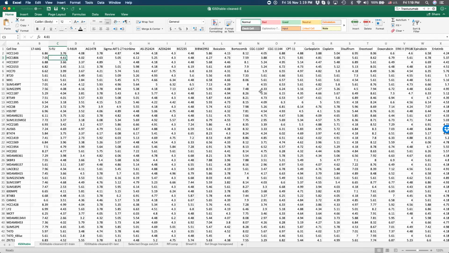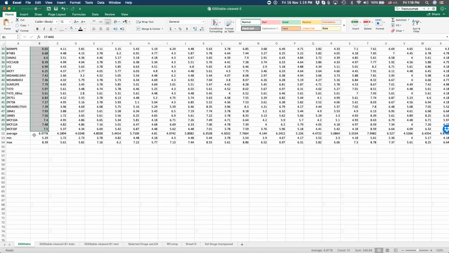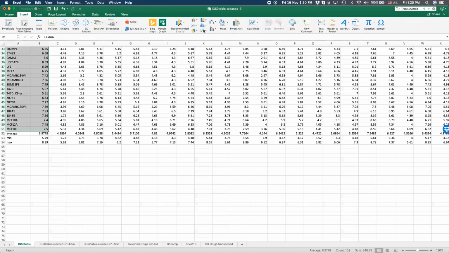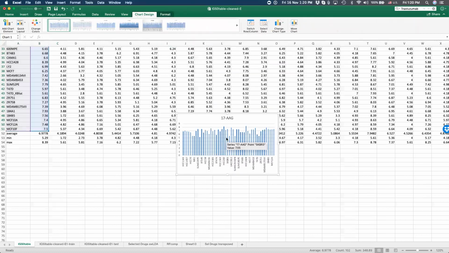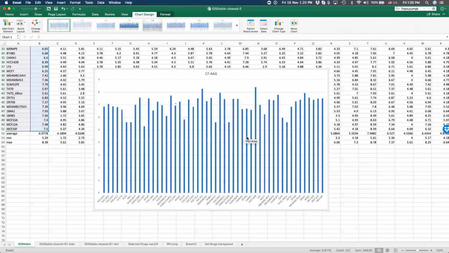So let's say I have a drug, and it obviously has different levels of IG50. The first thing I can do is select, for example, all of these based on cell lines, and first explore our data and see what it is showing us. So here I have levels, and obviously I can see some difference.